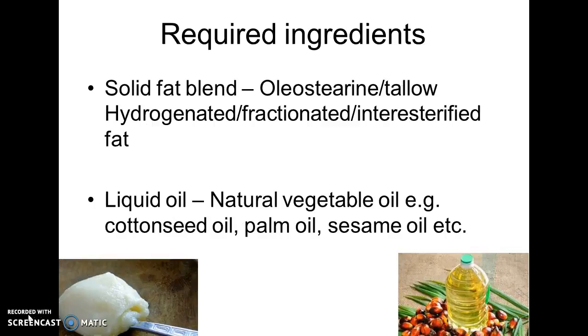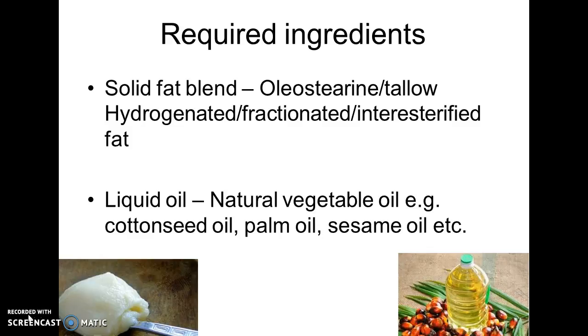Now, to transform the naturally available plant or animal oil or fat to this plastic fat, the basic ingredients which are required are the solid fat blend and the liquid oil.